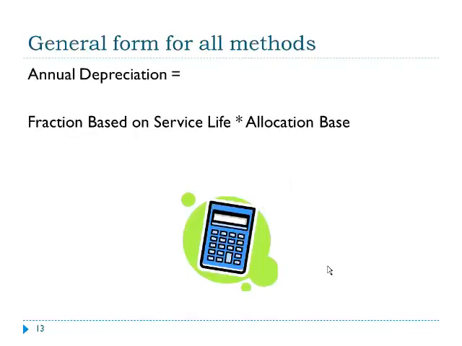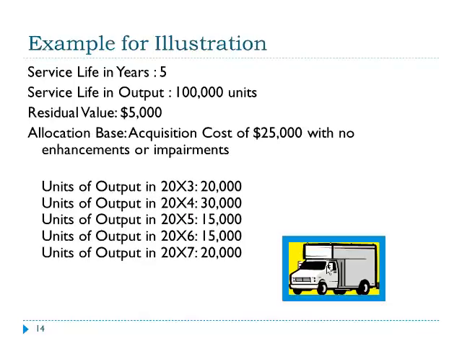The general form for all of the methods is that annual depreciation is equal to some fraction based on the service life multiplied by some allocation base. For example, with a service life of 5 years or 100,000 units and a residual value of $5,000, the allocation base for this asset would be the acquisition cost of $25,000.